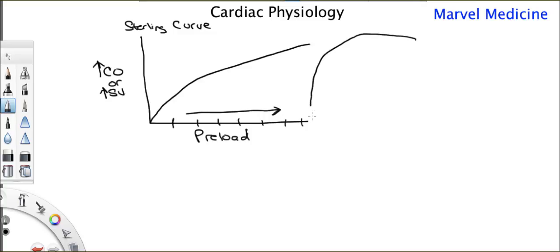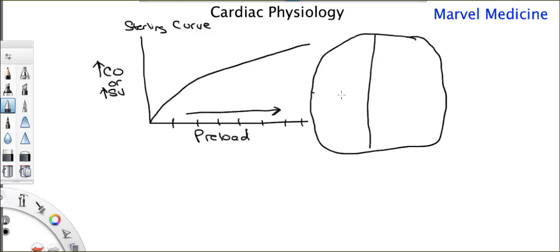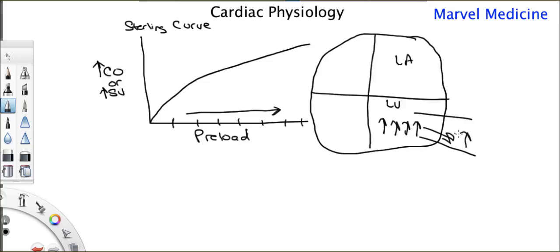That makes sense, right? Because let's look at a heart. If I'm increasing the amount of blood that's in my ventricle here, what's going to happen to the amount of blood that actually leaves? It'll also increase, right?